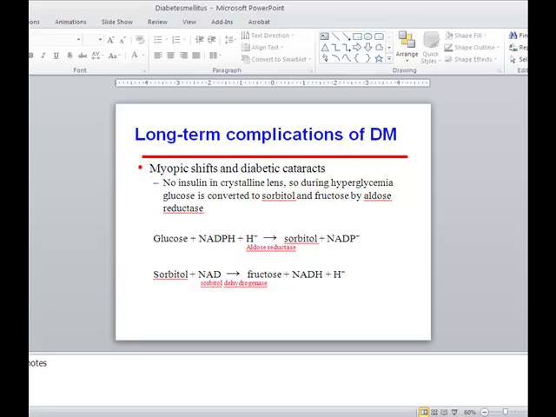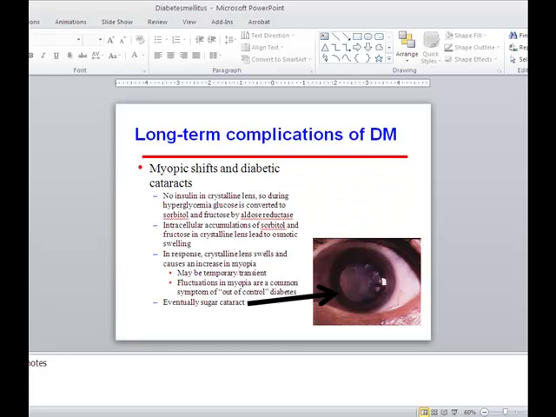But in cases where it is uncontrolled, there is excessive fructose formation, and that could then lead to what are known as sugar cataracts. So in the early stages, it could be a transient effect, as I said, causing a myopic shift. But when you have excessive buildup of fructose, it leads to a cataract in these diabetic patients, which is referred to as sugar cataracts.